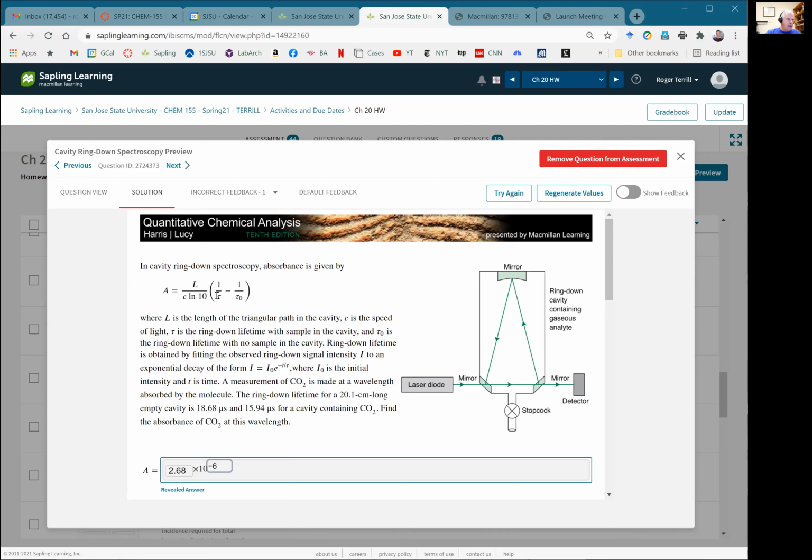And the time constant for the decay, minus the reciprocal time constant, the decay frequency minus the decay frequency for the blank, gives you the absorbance. That's kind of cool. It's all a temporal thing. There's no light power in this equation. It's kind of trippy that way.